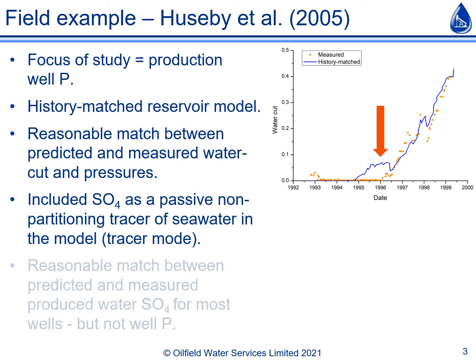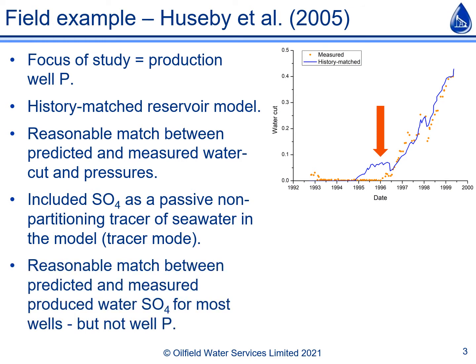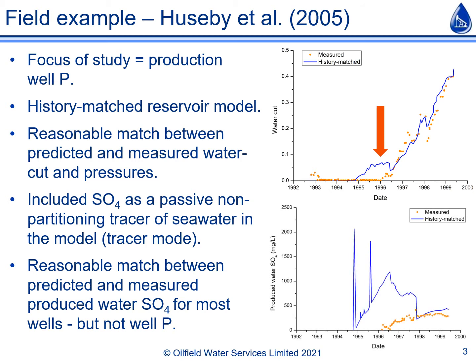There was also reasonable agreement between the predicted and measured produced water sulfate for most wells, except that is for well P. The lower figure compares the predicted and measured values over time, and you can see that the model predicts an earlier and greater rise in produced water sulfate concentration than was observed in the produced water analyses.